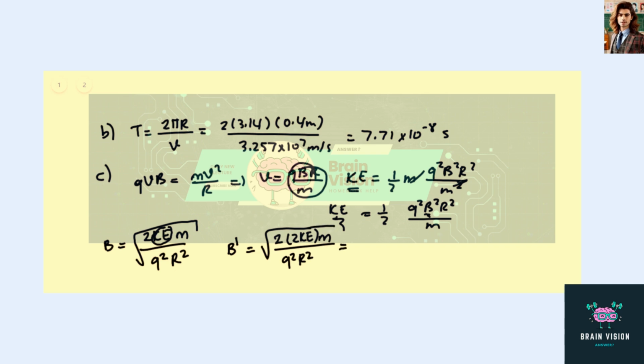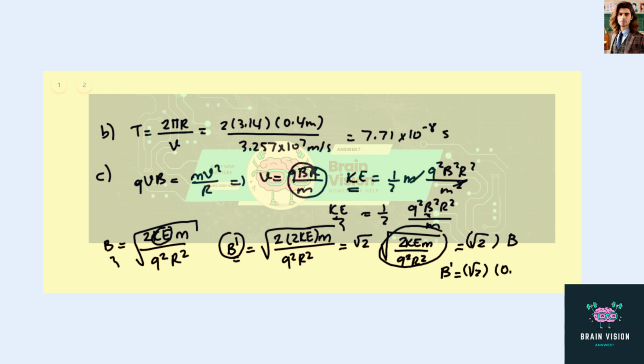If we write this new magnetic field in terms of the old magnetic field, what can we do? Square root of 2 times the square root of 2 KE m divided by q squared r squared. So this term would give us the initial B, right? So square root of 2 times the initial B gives us the final B. So from here, our B prime would be equal to square root of 2 times 0.85 Tesla. It would give us 1.2 Tesla.